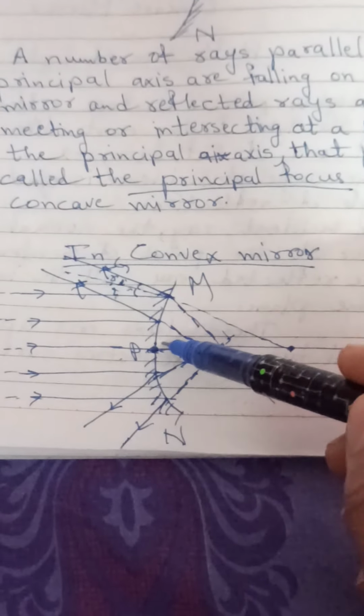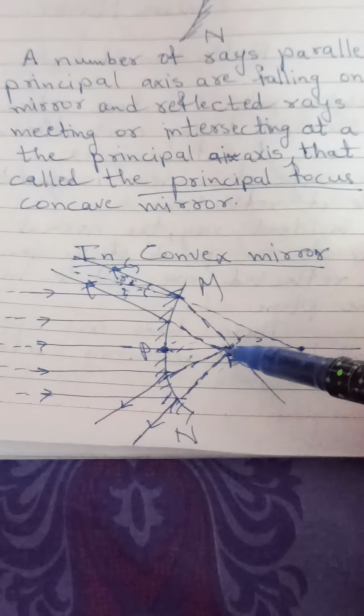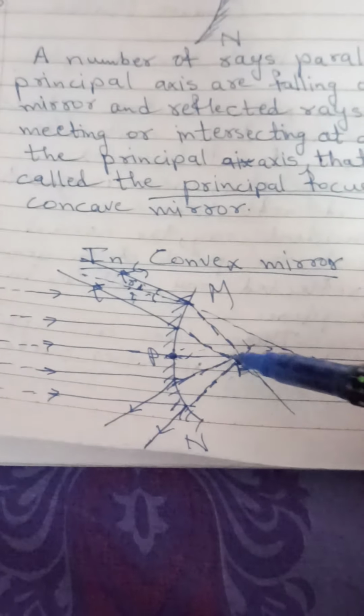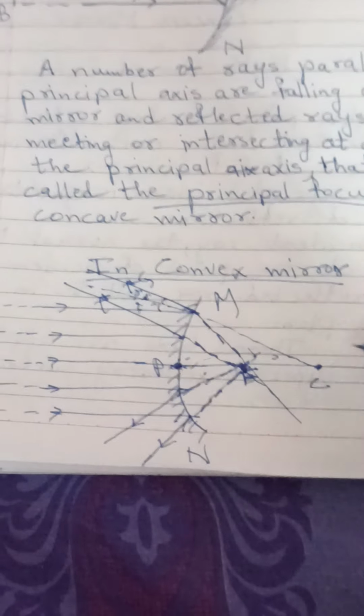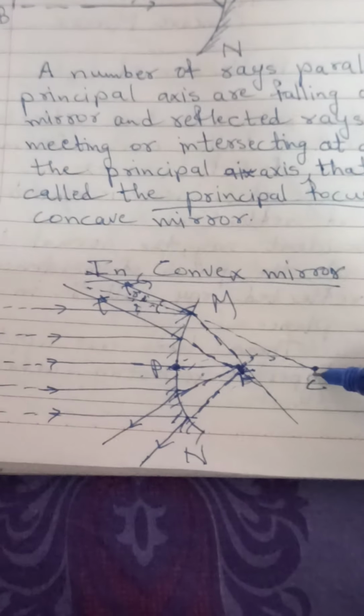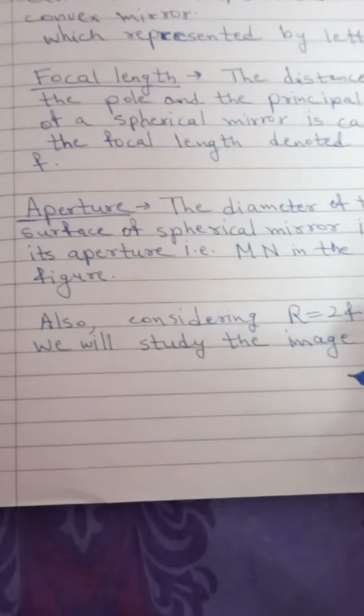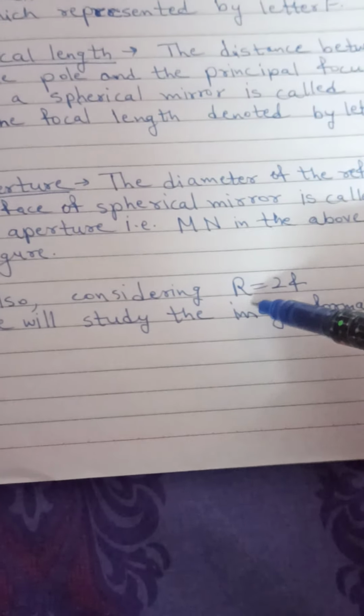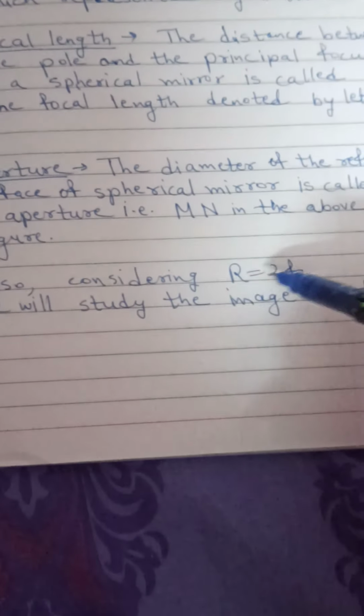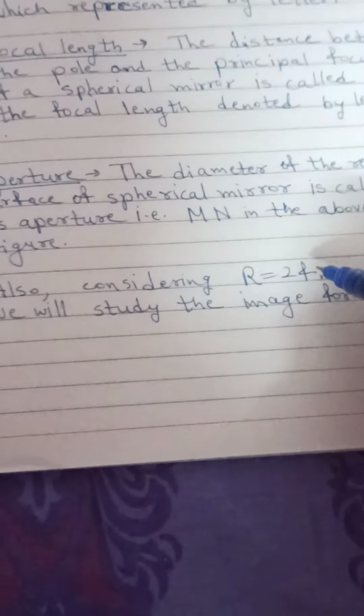So the distance P to F is called the focal length, and P to C is the radius of curvature. So in image formations we have taken R is equal to 2F, meaning the radius of curvature is double the focal length.